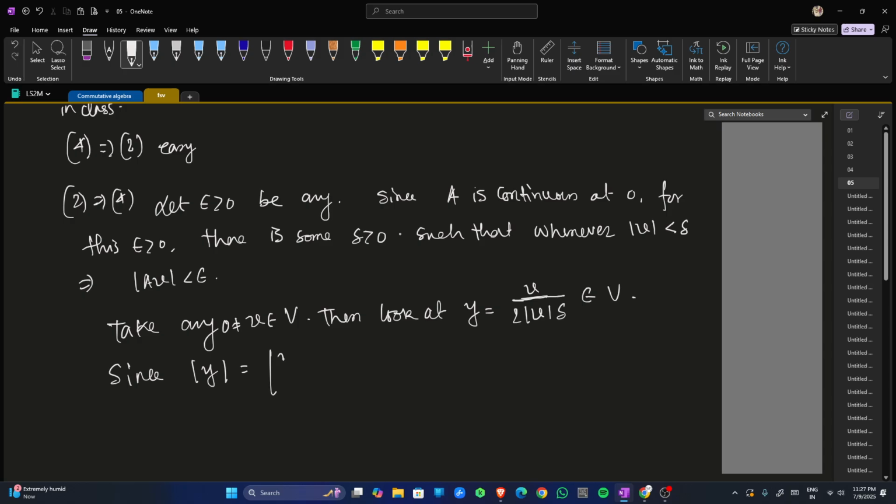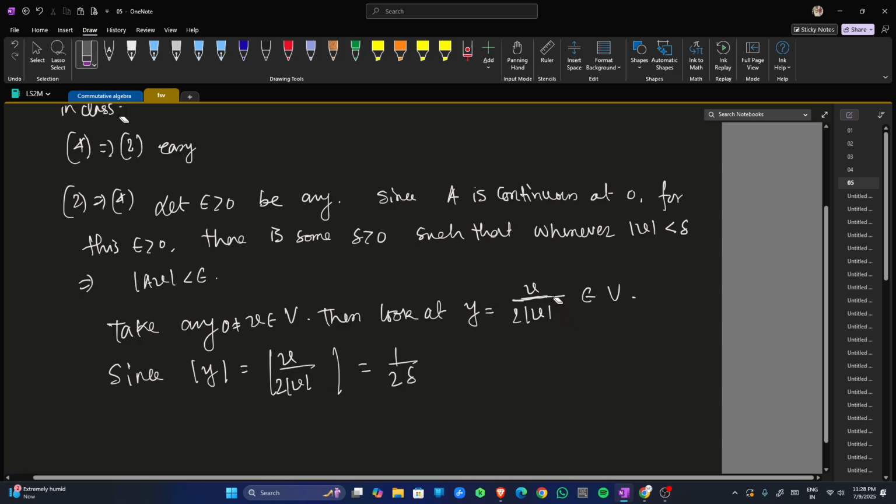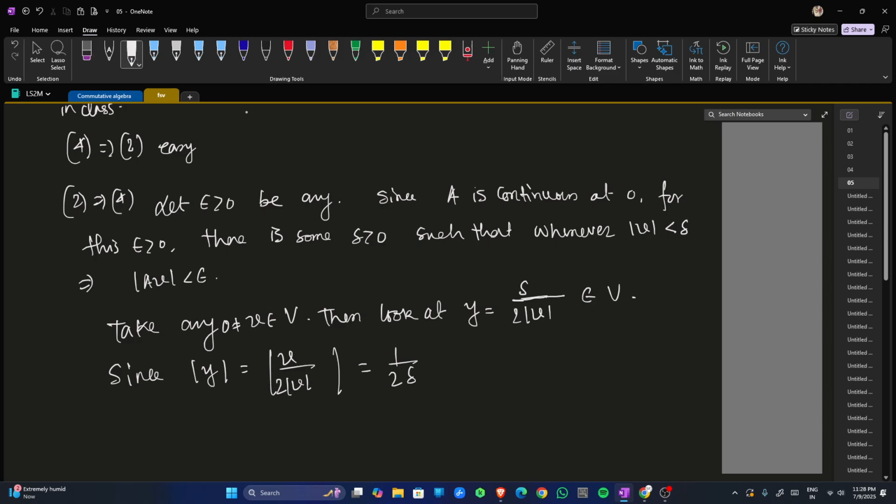Norm of y is delta by 2 times norm v by norm v, which is delta by 2, less than delta.